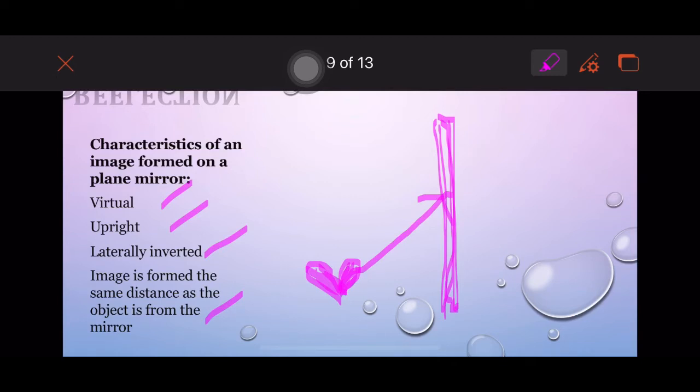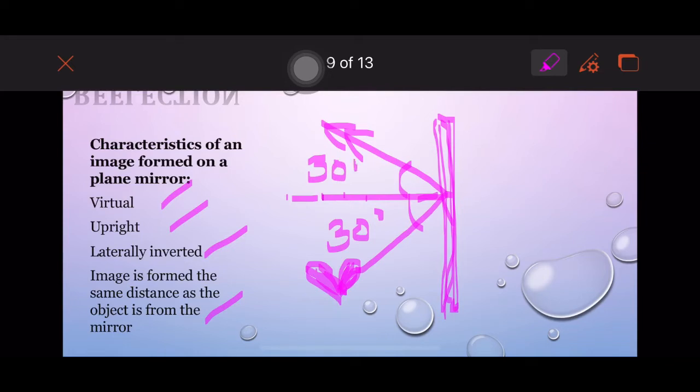Then we draw the normal line with the incident ray. Let's say that this is 30 degrees. Now the reflected ray will form 30 degrees also from that.